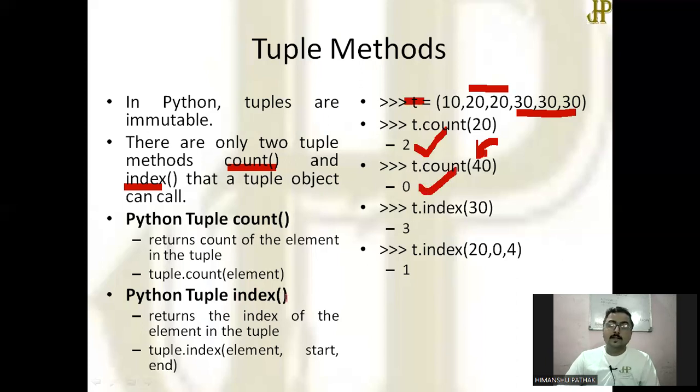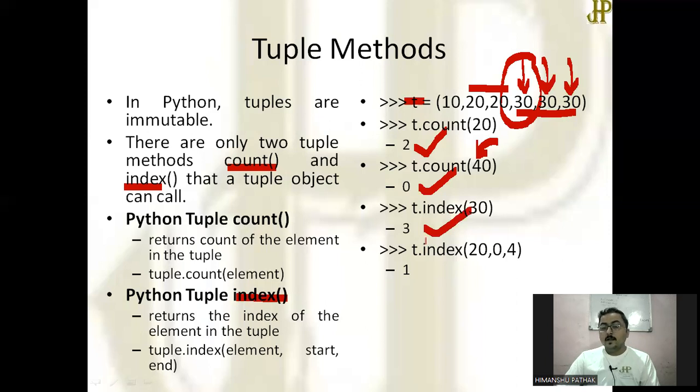And what is index? Index returns the position of the element in the tuple. And you have to be very careful that it will return the position of the first occurrence of the element in the tuple. Okay, like this, T dot index 30. So there are 3 items 30, but it will access only the first one. So it will return what? 0, 1, 2, 3, third position.